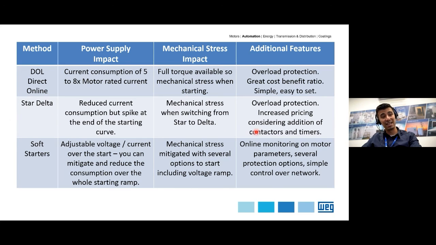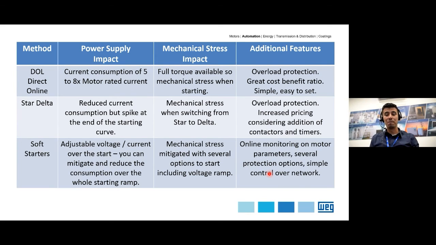Now the star delta increases your cost a little bit, because instead of having one contactor, you have three now. And then you need a command as well, you need the timer. So it's a little bit more advanced, but it's still fairly convenient price-wise. And then you have the soft starter, which does carry a lot of features.